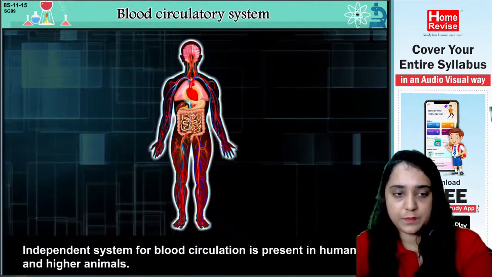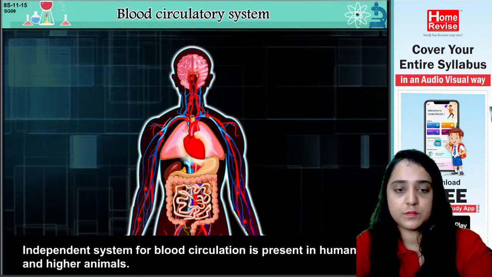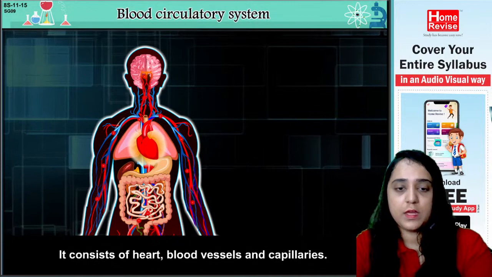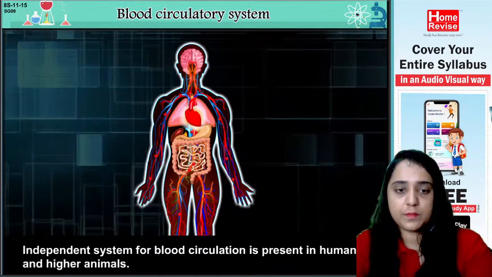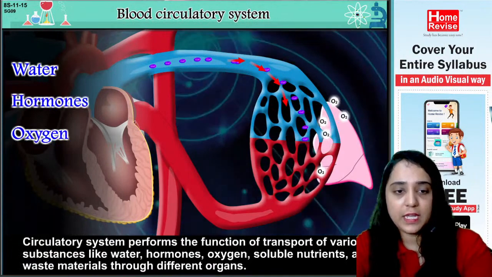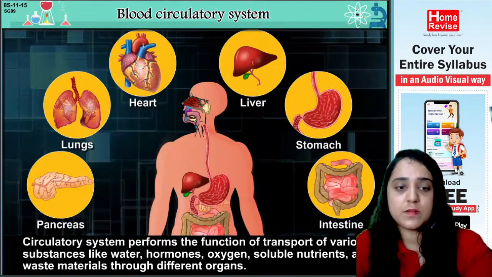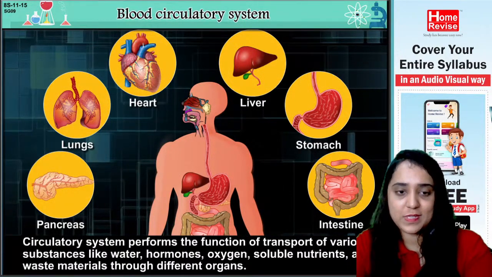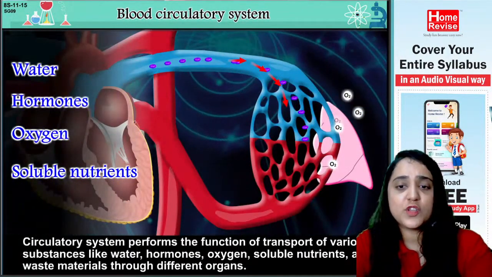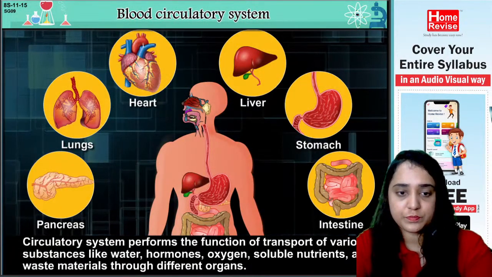An independent system for blood circulation is present in humans and higher animals. It consists of the heart, blood vessels, capillaries, and so on. As written here, the circulatory system basically performs the function of transporting various substances.